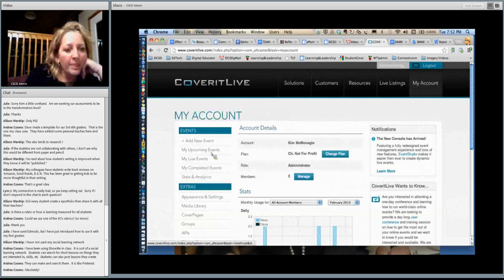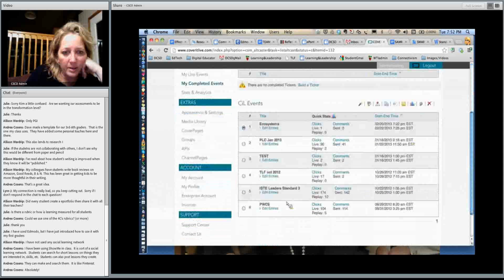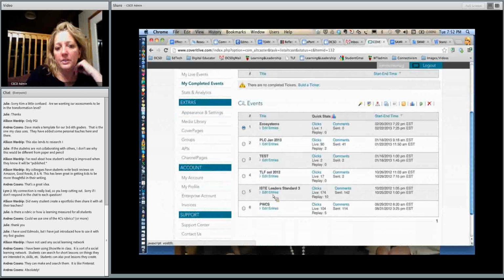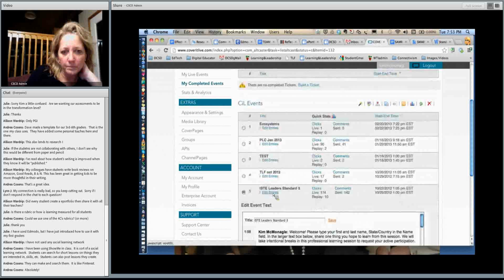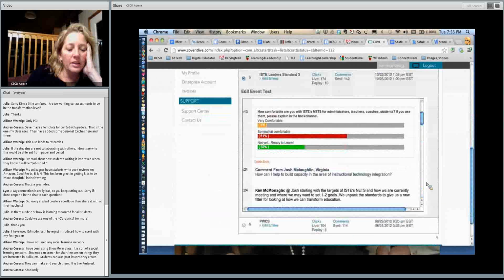Okay, so I have some completed events, and I think I'd be able to come in and take a look at them. Let's see, this one has a lot of entries. In here you can see that it's going to keep everything together.